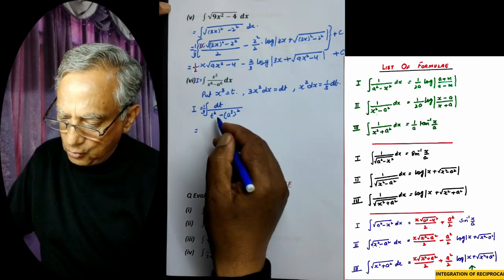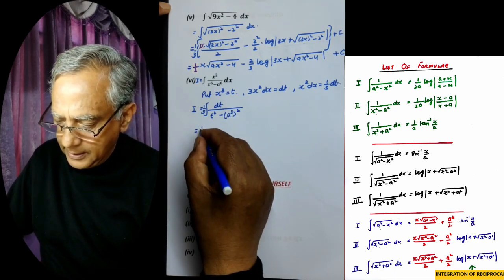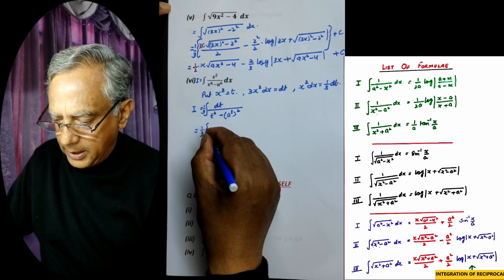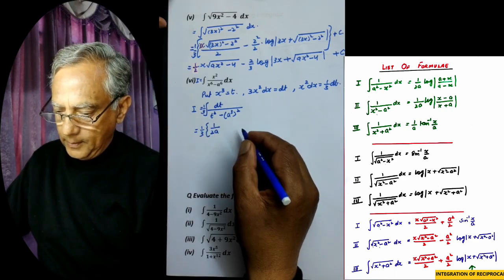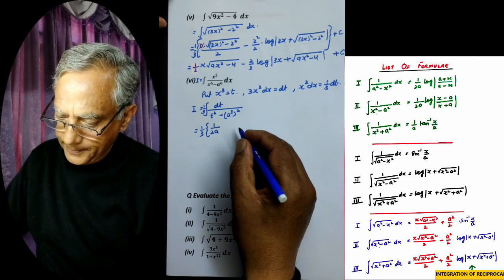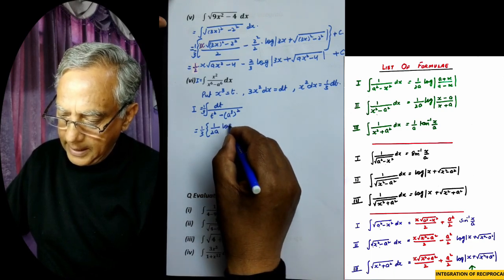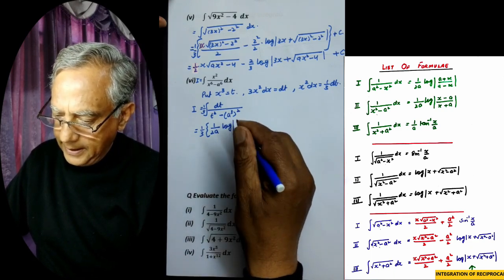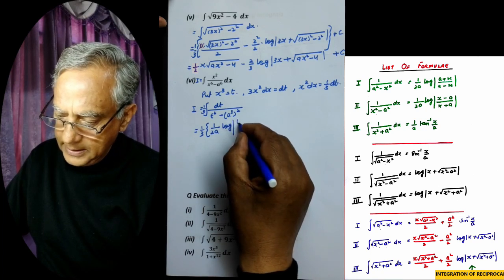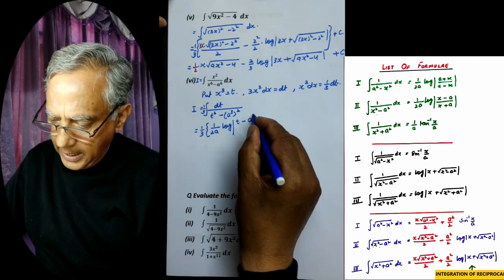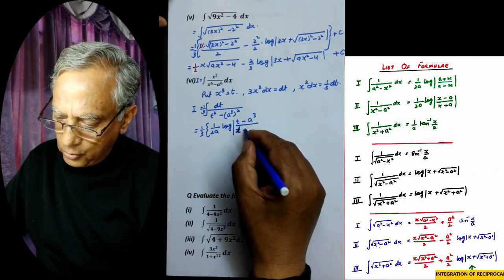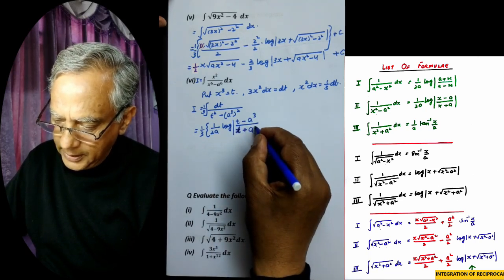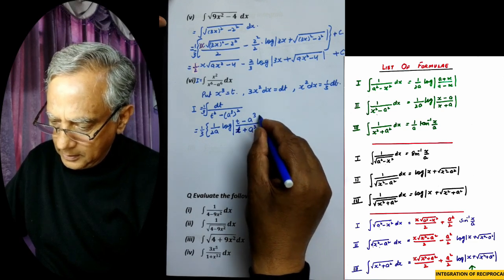Formula for this is 1 by 3 into 1 by 2a log of x minus a over x plus a, that is t minus a cube over t plus a cube.